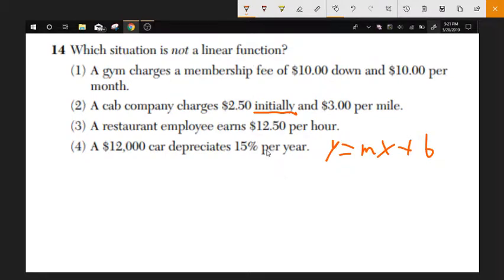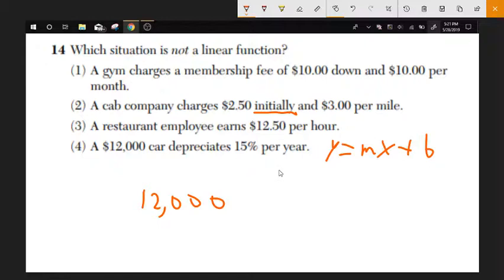Alright, so that leaves us with a fourth one, but let's just try to make an equation out of it anyway. So a $12,000 car depreciates 15% per year. Okay, so if we were to try to make a linear equation out of this, we would probably say $12,000 is the initial value, but it depreciates 15% per year.